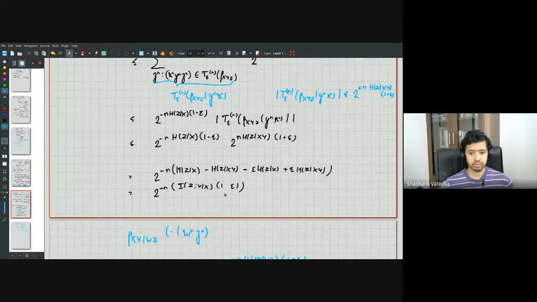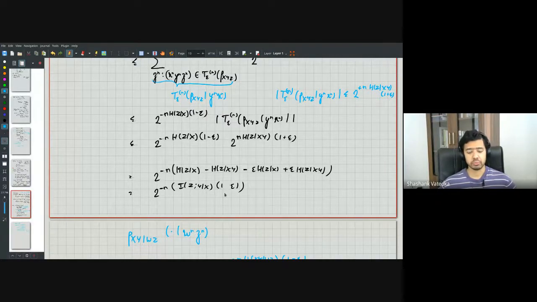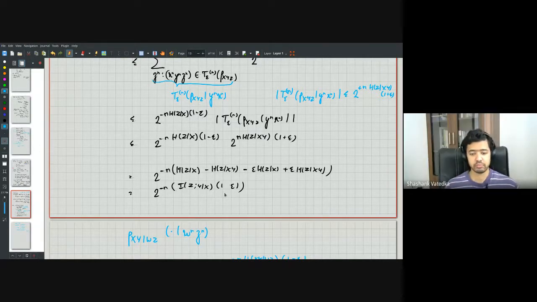That's the same, right? It's symmetric in y and z. The mutual information between x and y is the same as the mutual information between y and x. That's a property of mutual information. So whether it's I(z;y) or I(y;z), it's basically the same thing.